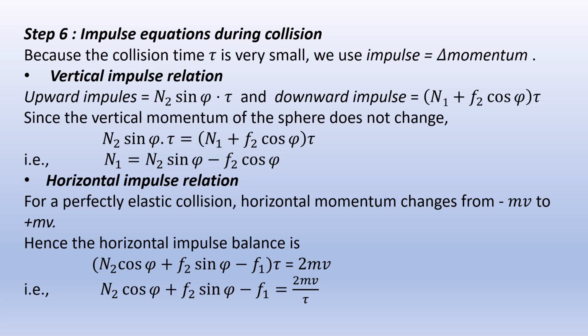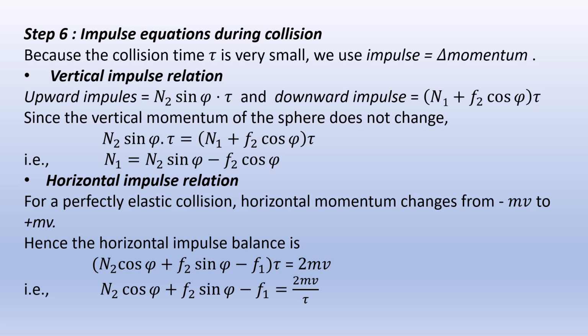So, upward impulse must balance downward impulse, and hence N2 sin phi times tau is equal to (N1 plus F2 cos phi) times tau. After cancelling tau, we get N1 is equal to N2 sin phi minus F2 cos phi.